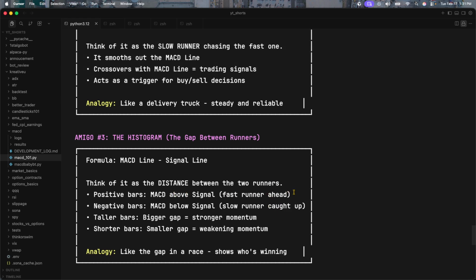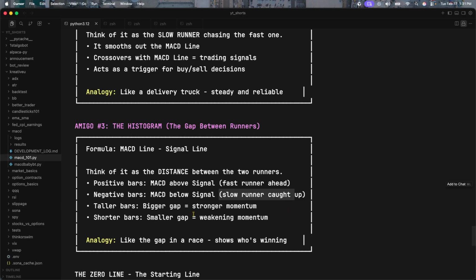That's where we're in a little bit of bullish territory. We're thinking that the market is going to go up. The negative bar, MACD line, is below the signal line. The slow runner is ahead. It just flipped. Now we're in bearish territory. We're thinking that the market is going to go down. Taller bars, bigger gaps equals stronger momentum. Smaller gaps equals weakening momentum.